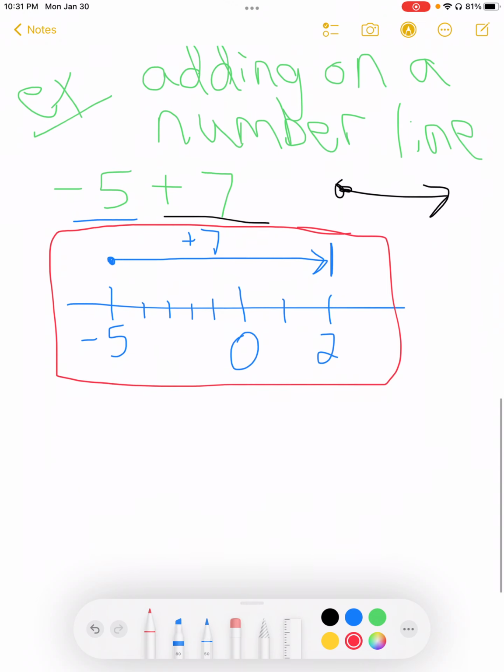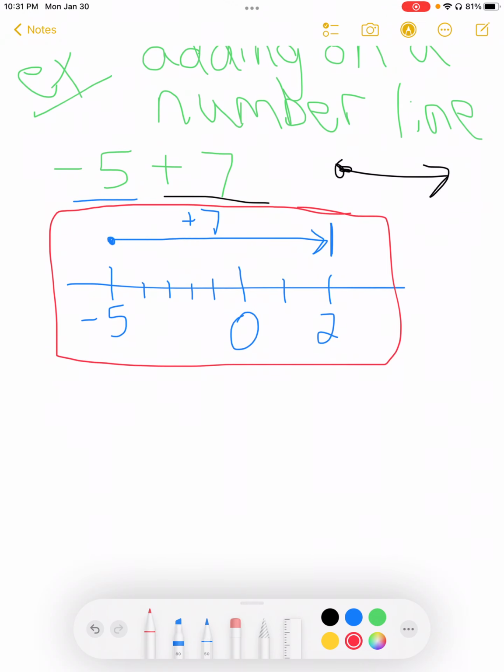So let's talk about one other thing here. If I'm going to talk about adding numbers, another example, so this one's also not a scripted one in the book.